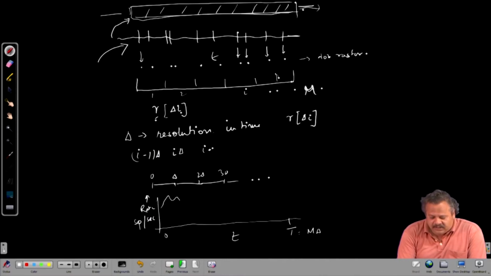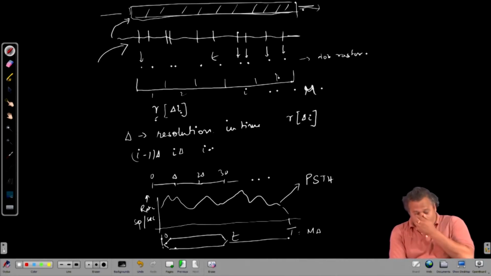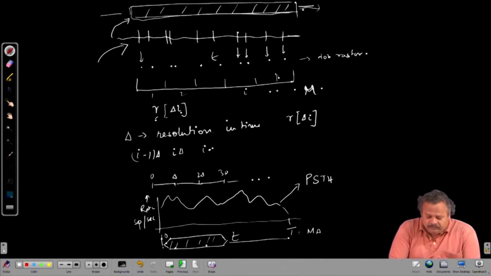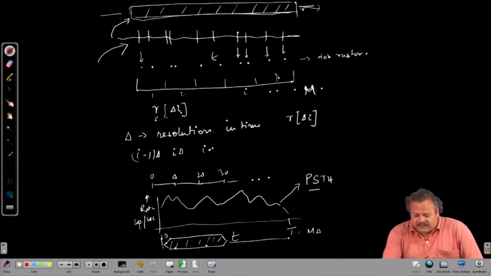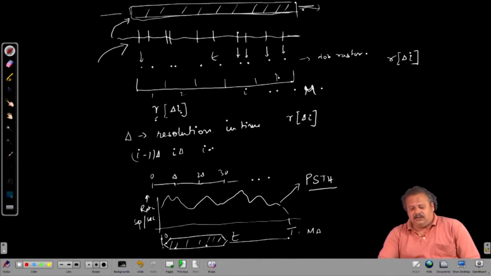That representation is what we call a peristimulus time histogram when it is associated with a stimulus occurring within that time window or that phenomena that we have been talking about. So, the peristimulus time histogram essentially represents R delta i, that is the rate or the number of spikes per unit time over the different window sizes.